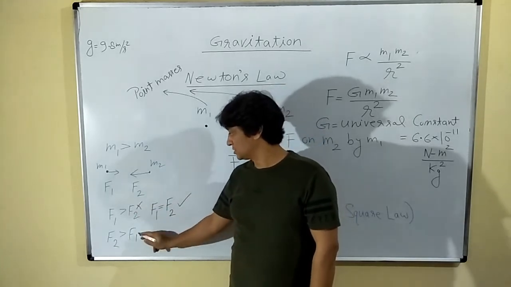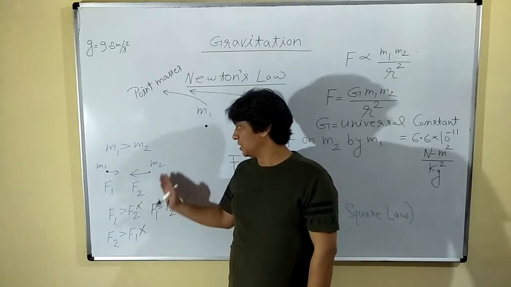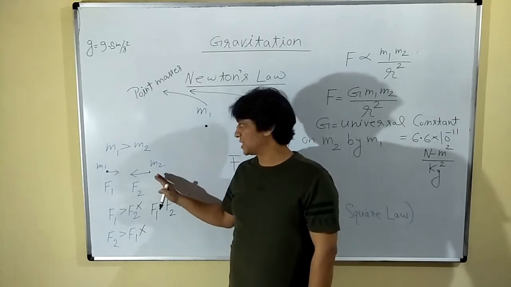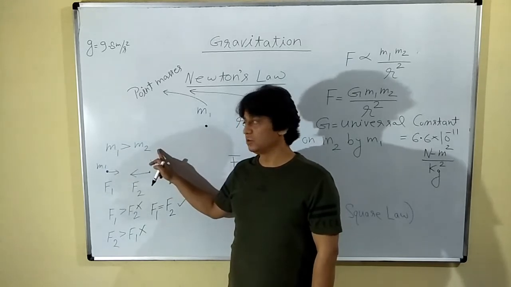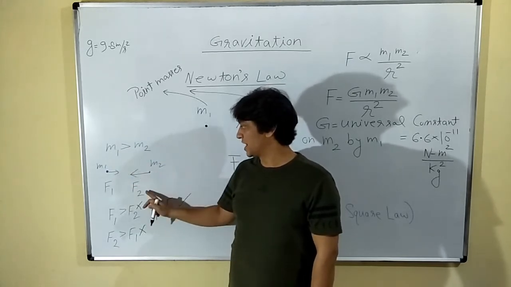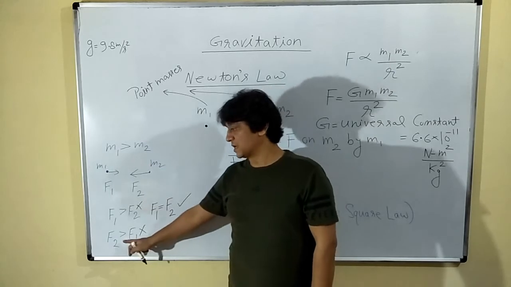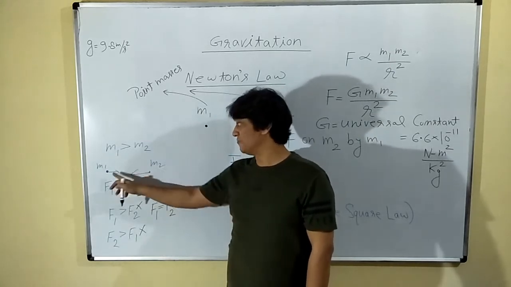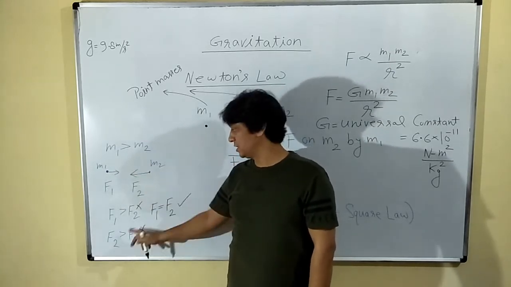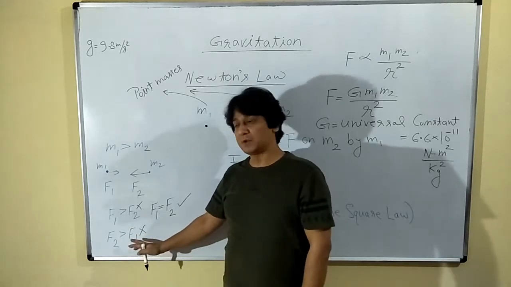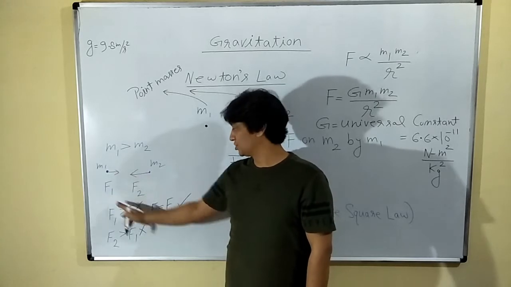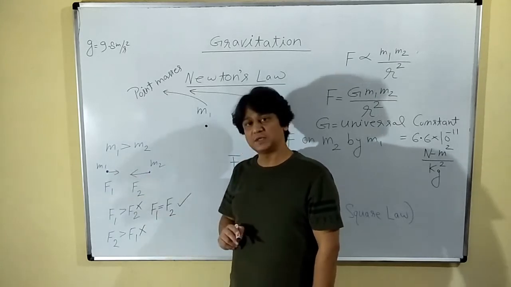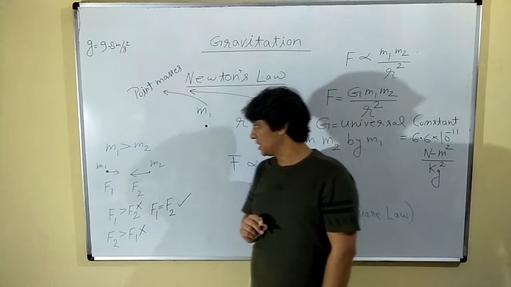These two options are wrong. Common silly mistake है. ज़्यादातर लोगों को लगता है M1 is greater than M2, इसलिए M1 का जो फोर्स है F2 ये ज्यादा होगा. M1 ने M2 पर जो फोर्स ट्रांसफर किया ये ज्यादा होगा. But remember that for every action you got equal and opposite reaction, and therefore F1 is equal to F2.